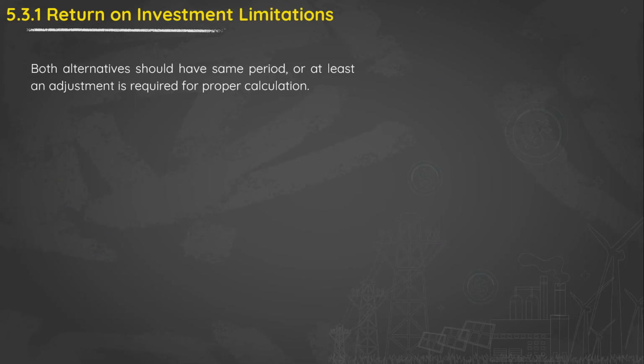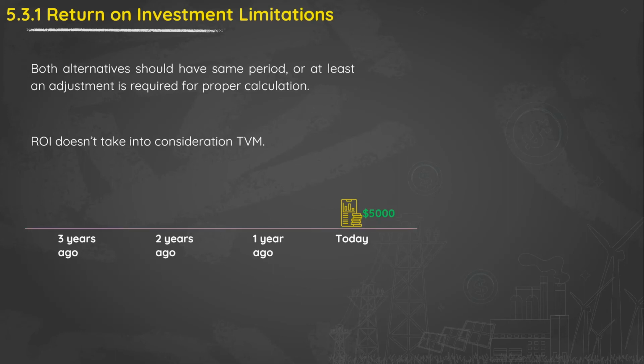This shows us one of the limitations of the return on investment method, and also this method doesn't take into consideration TVM, or time value of money. The 5,000 you paid a year ago is worth less than the 5,000 you paid 3 years ago in the second investment.